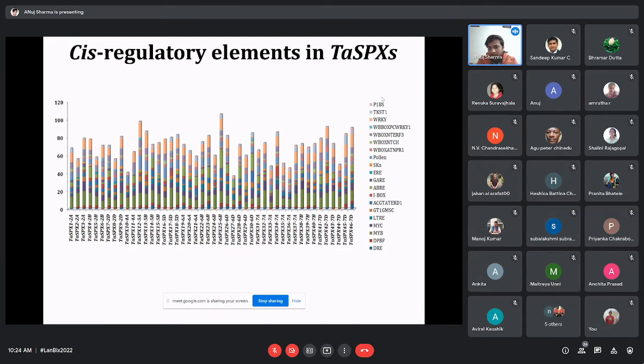We have also found the P1BS. P1BS is one of the most important cis-regulatory elements responding to phosphorus starvation in plants. That is the key cis-regulatory element which we identified. There are also others, including MYB, MYC, and DRE, which are frequently distributed in different transcription factor families responsive to abiotic stress in plants.